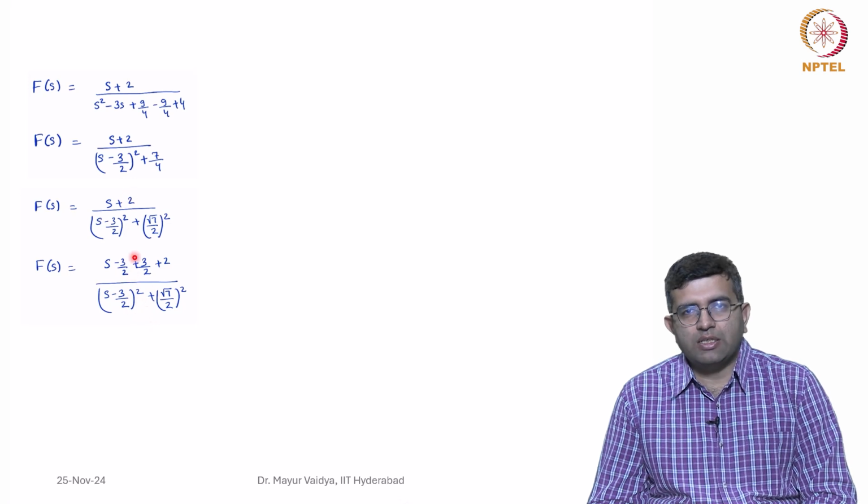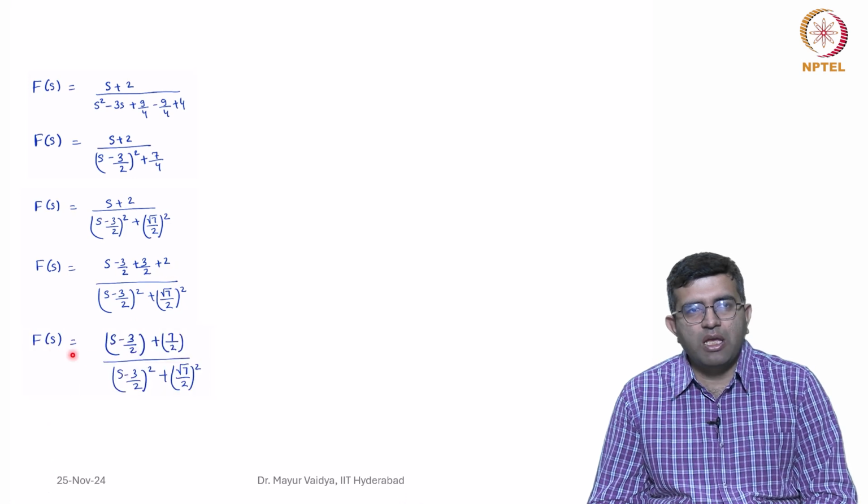So to make that similar, I do s minus 3/2 plus s plus 3/2 also here plus 2. So this arrangement gives me F(s) something like this: s minus 3/2 plus 7/2 divided by (s minus 3/2) whole square plus (root 7 by 2) whole square.